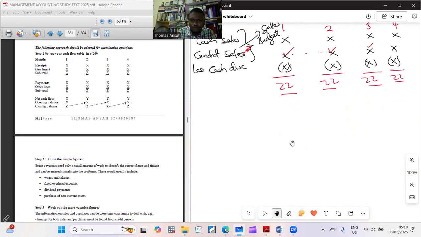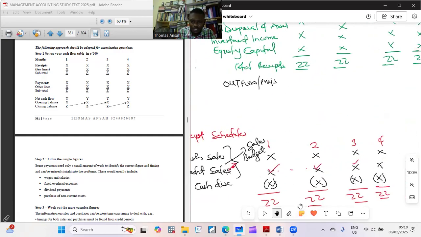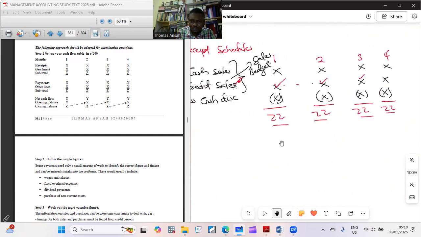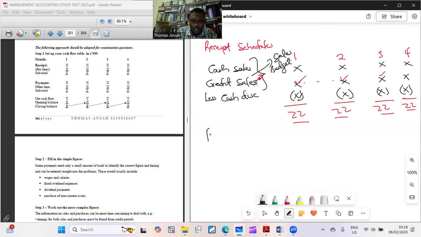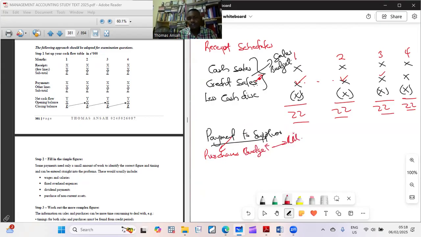Then when you come to the payment side, like I'm saying, you do a payment schedule. Payment to suppliers schedule. The same thing you did here, and please, payment to suppliers will be coming from your purchases budget. And what do we purchase? We purchase raw materials. So you set up the budget.